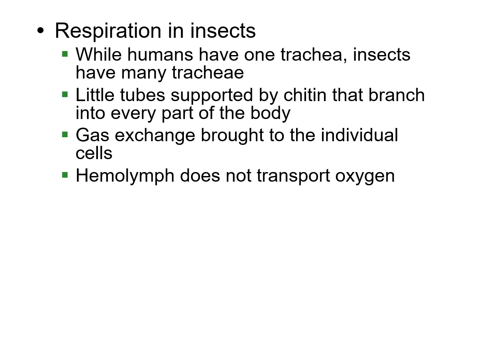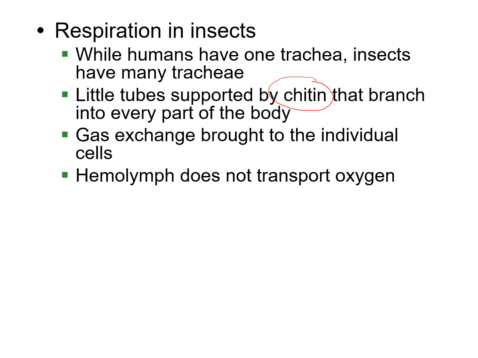They have multiple trachea, whereas we have one trachea that leads down to our lungs. They don't have cartilage supporting theirs. There's this chitin, right? Remember we talked about how chitin tends to be their version of carbon storage. And so that gas exchange is then done in the individual cells.